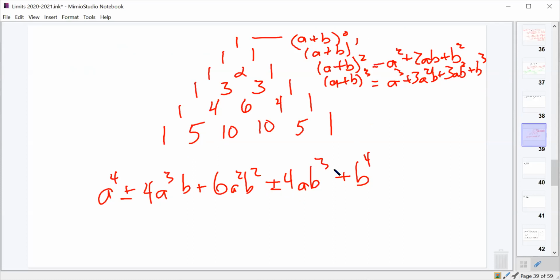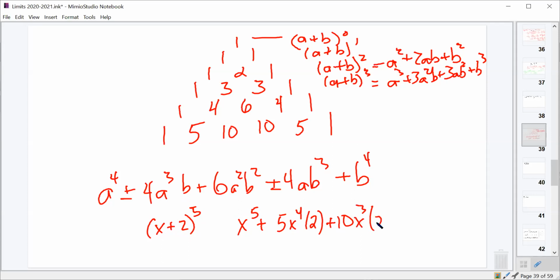If you want to expand out, let's say, (x plus 2) to the 5th power, your answer should be the first thing, x to the fifth, and then plus 5 times x to the fourth times 2, that being our b value, and then plus 10 x to the third times 2 squared, and then plus another 10 times x squared times 2 cubed, and I'm out of room, but then 5x times 2 to the fourth plus 1 times 2 to the fifth.